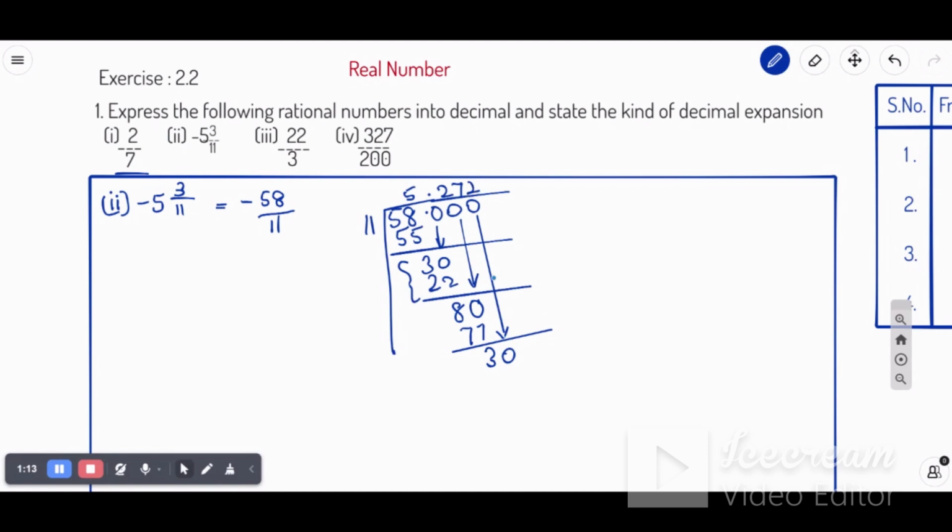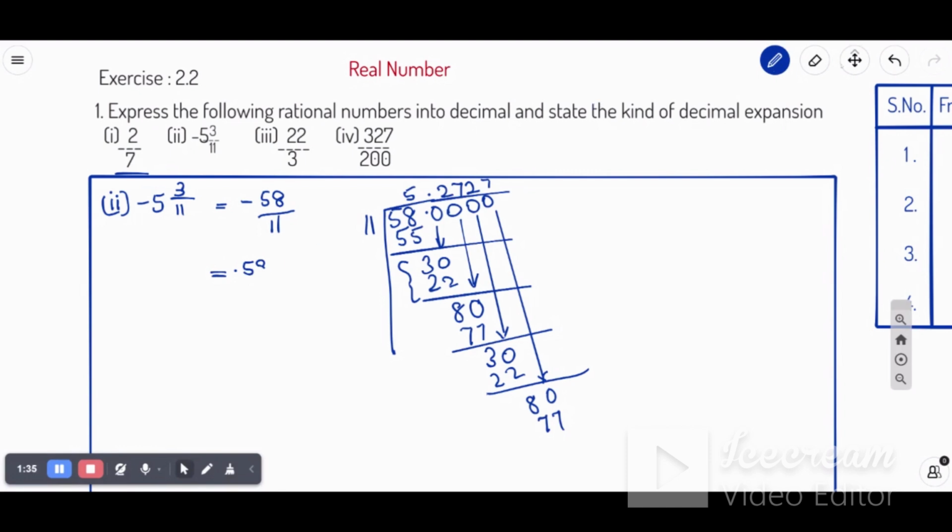Anyways, let us check. 22, and if you put another 0 here, you get your 0 down, this will be 80 again, and with the 0 down, we'll get it as 7. So now we can confirm that it is getting repeated. So this is nothing but your 58 by 11.